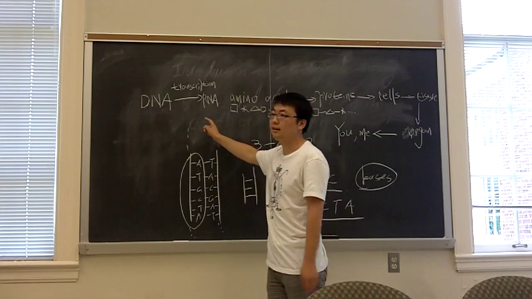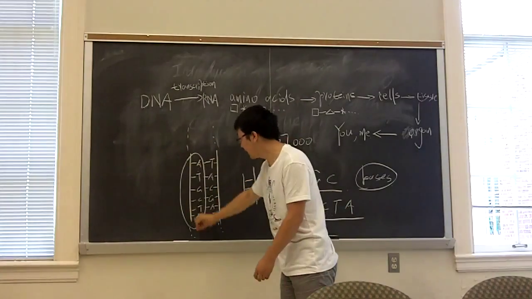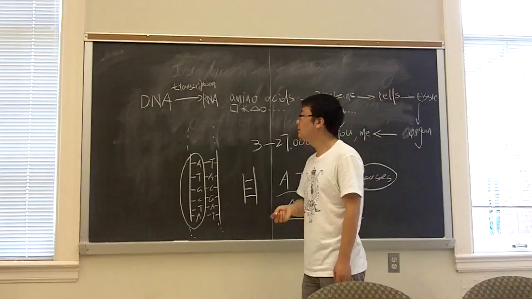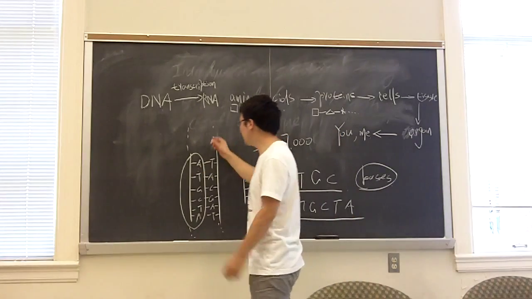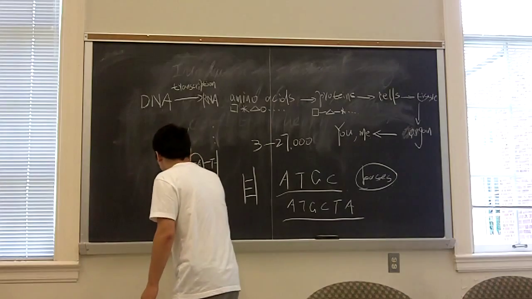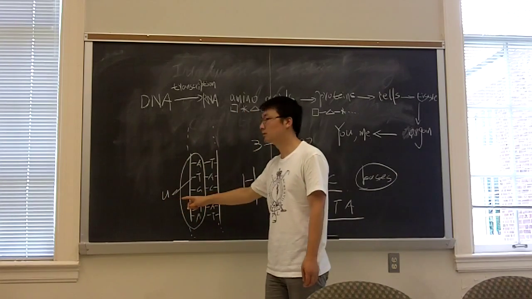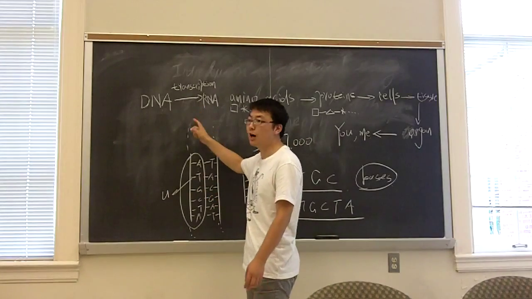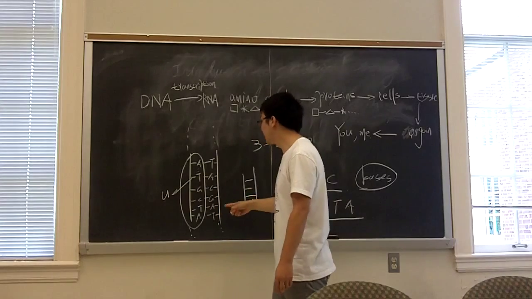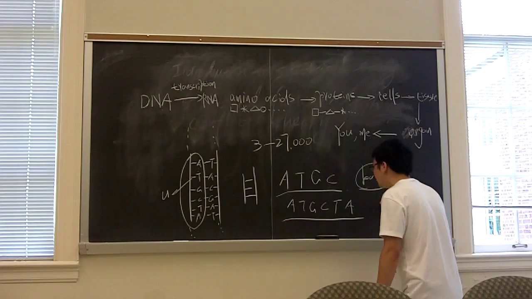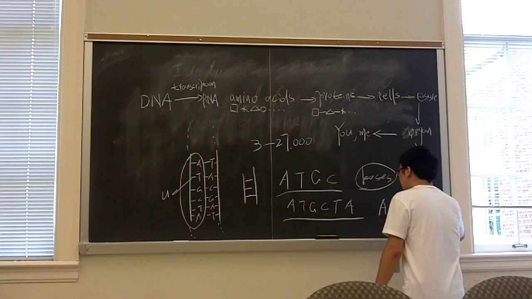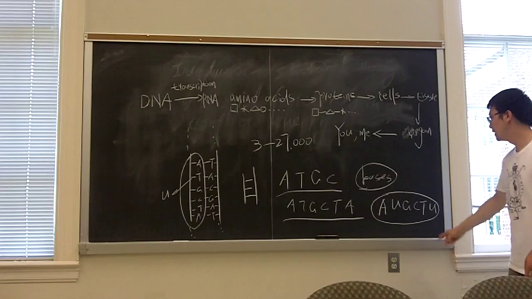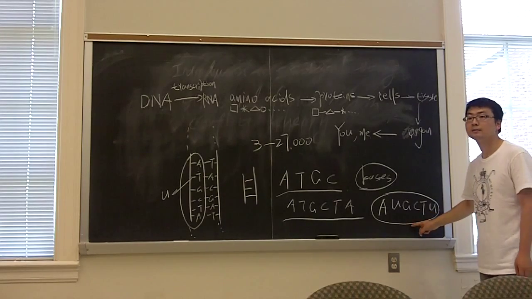One is that RNA is a single strand, with just one side, but DNA is a double strand, with 2 sides. Another difference is that RNA uses U, another kind of chemical, instead of T in DNA. So after transcribing this part of DNA, we get A, U, G, C, U, U. After transcription, this is the resulting RNA.